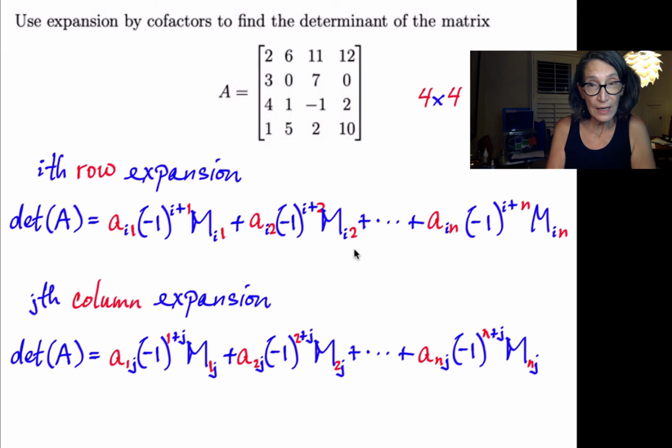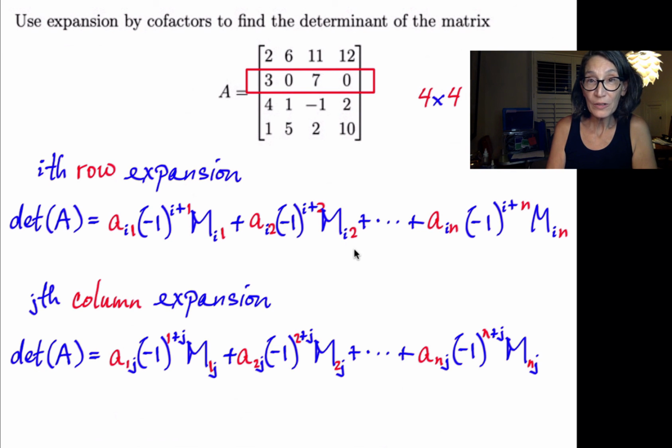So we can choose any column or any row. And we always want to choose it strategically to simplify our work. So in this example, I'm looking at my matrix, trying to decide which row or which column I want to expand along, and I see that the second row has a couple of zeros in it.